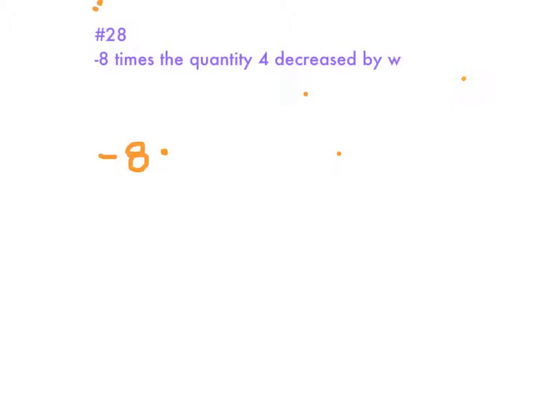And then once again, guys, I have the quantity 4 decreased by W. So that tells me that this has to go in parentheses. So what goes in parentheses is this 4 decreased by W. And all that goes in my parentheses.